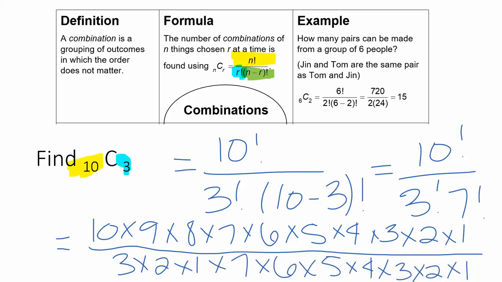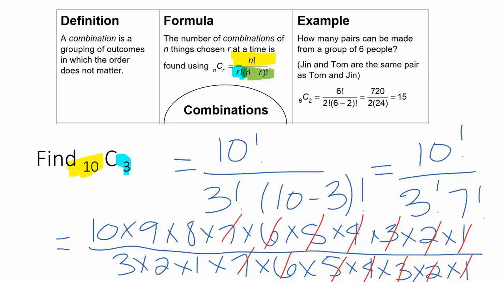Now the reason I wrote this all out is to think back to reducing fractions. If a number is multiplied on the top and the bottom of the fraction, they would cancel out. This is because, for example, 7 divided by 7 is 1. 6 divided by 6 is 1. 5 divided by 5 is 1. And so on. So you'll notice I cross out a large part of the problem.